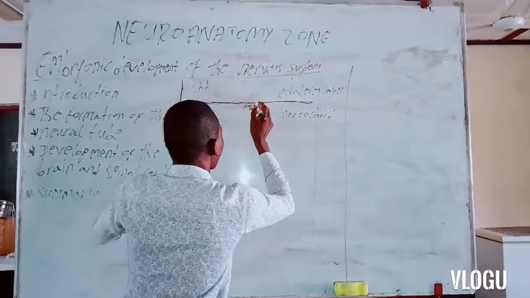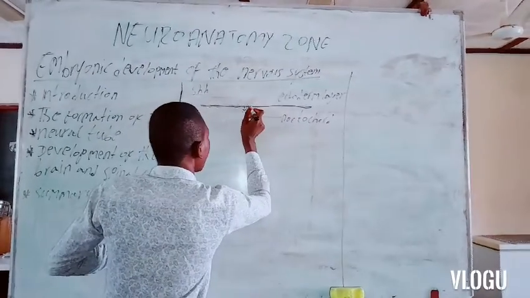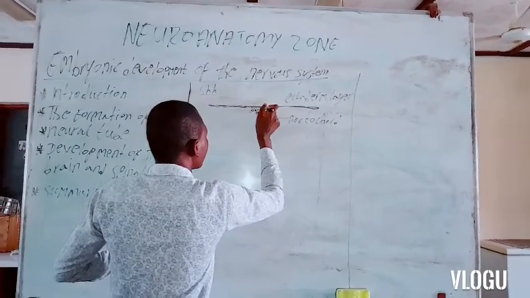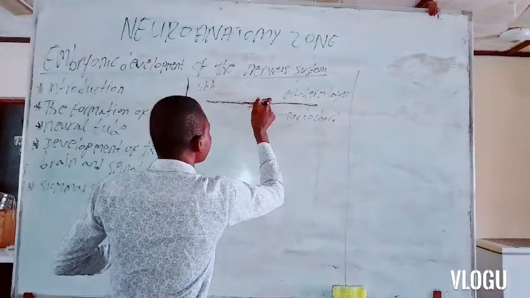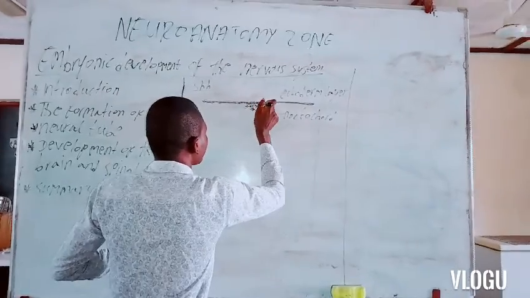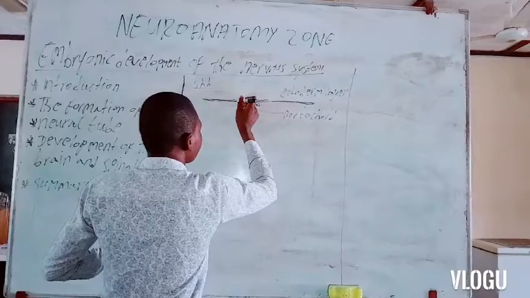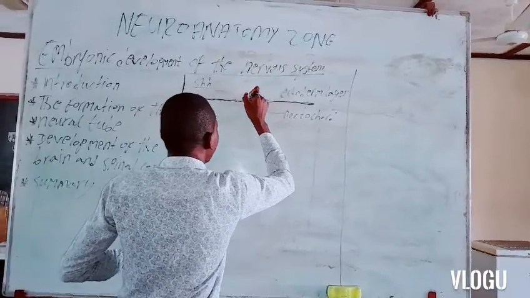This sonic hedgehog will cause a thickening of the portion of the embryonic ectoderm layer that is closest to the notochord. This thickening results in the formation of a structure that is known as the neural plate.